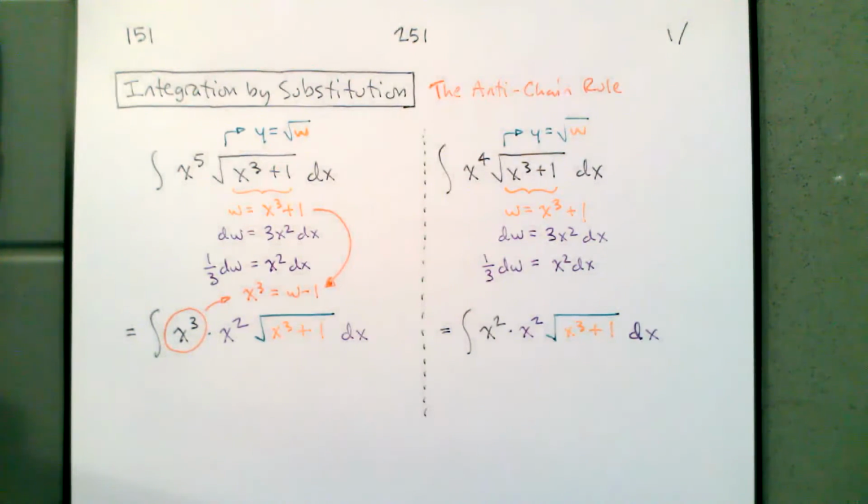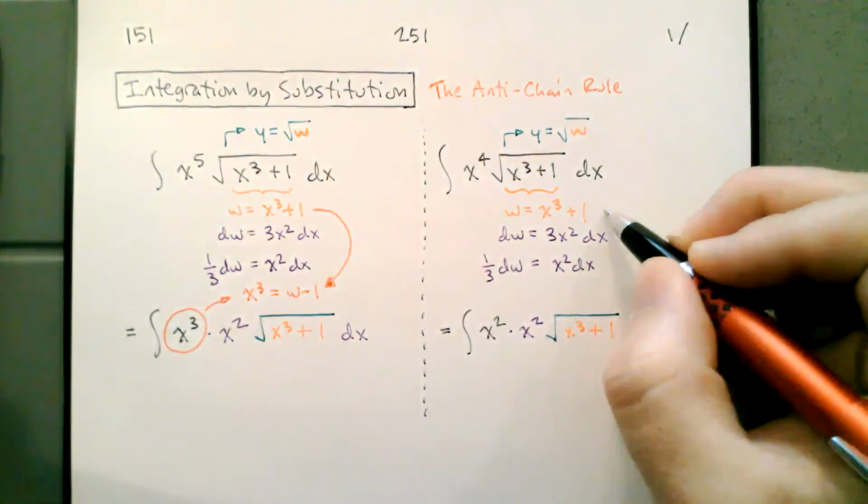So I can replace that x cubed with a w minus 1. The problem is, on the right, I have an x squared. It's easy to solve for x cubed, but we don't have that. We have x squared. Because the relationship between w and x is a cube, it's really hard to get at x when x is squared.